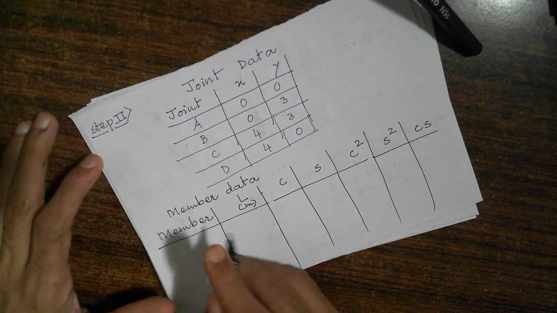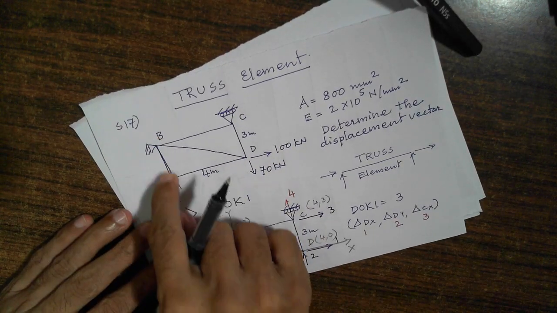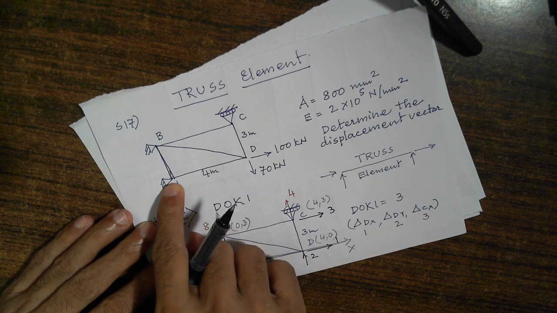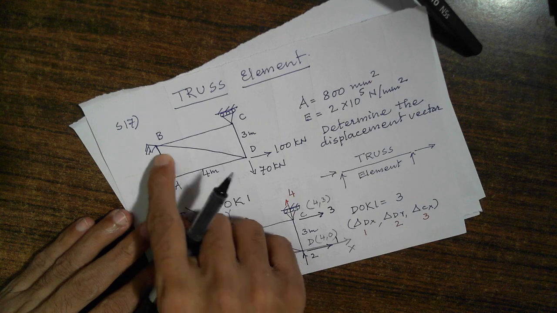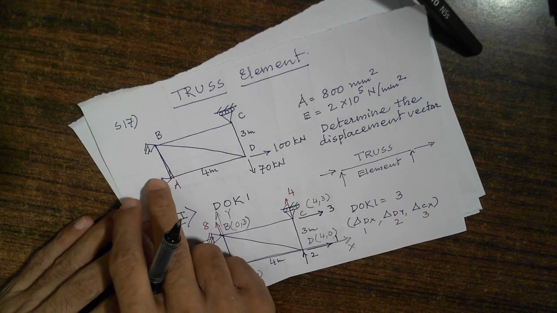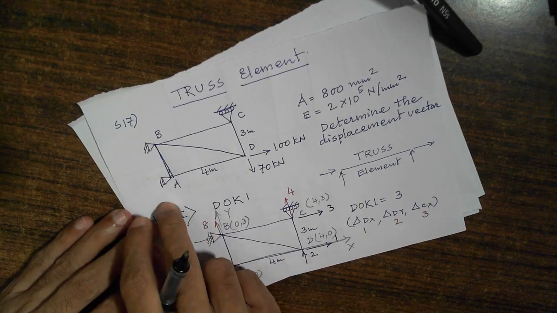So first member, now how many members are there? There are 5 members. AB is a non-existing member. If this is in a wall, there is no need of member AB, because member AB will be carrying 0 force. We will prove it by matrix method later.